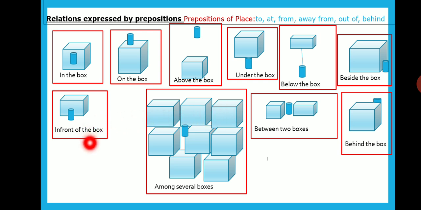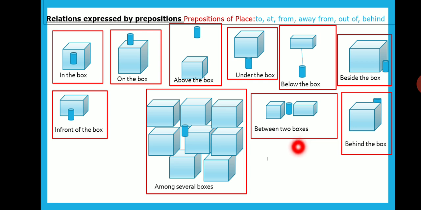Here you have it in front of the box. So which preposition will you use? It is in front of the box. Here you have it encircled by boxes. The can is encircled by boxes. So what do you use there? Among the boxes. There are so many boxes and it is somewhere in between all the boxes. So you don't use the preposition between there, you use among.